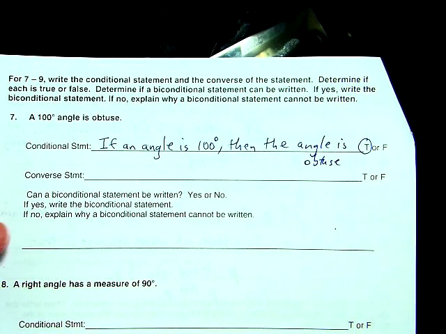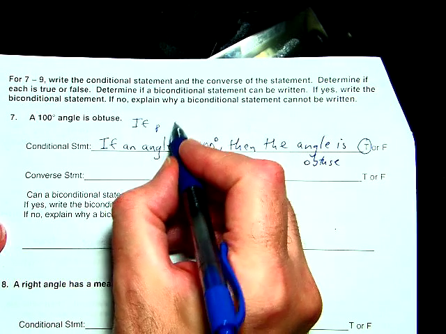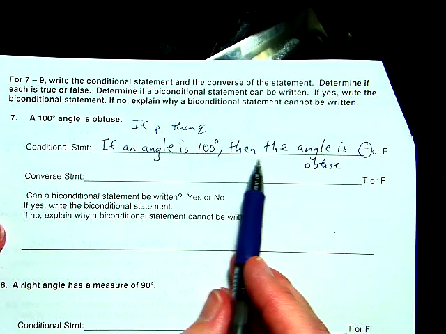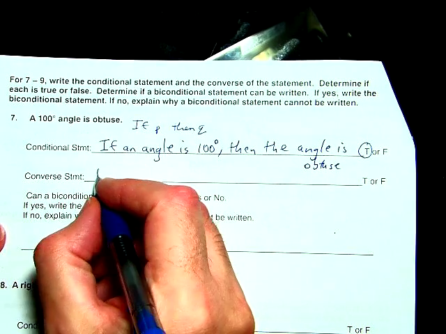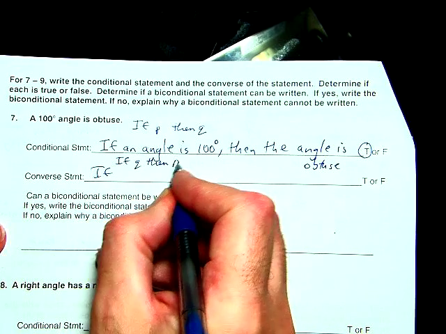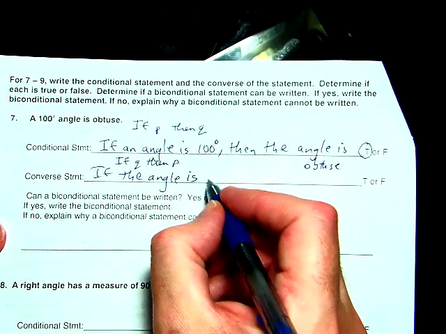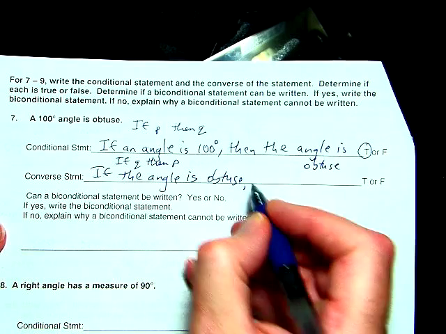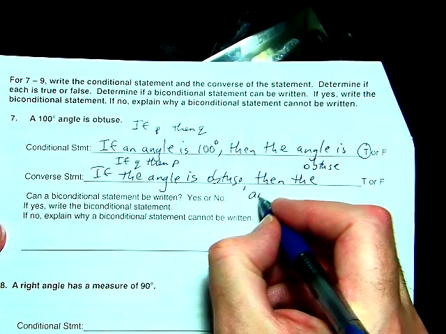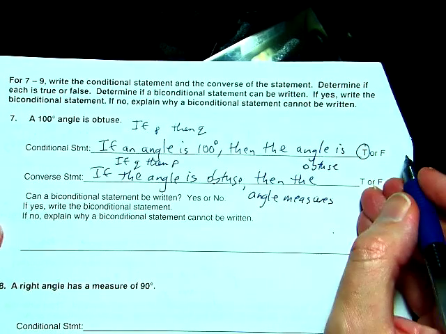The converse statement is, remember, this is the if P then Q, and so we've got to now say if Q. If the angle is obtuse, so this is now if Q then P, if the angle is obtuse, then the angle measures 100 degrees.